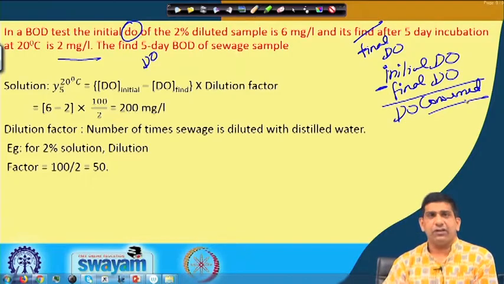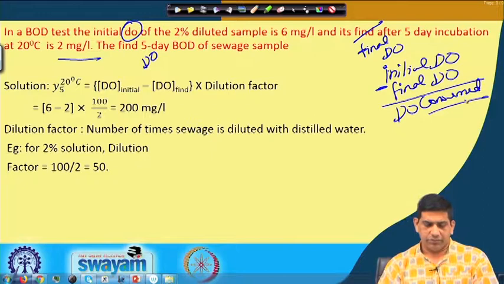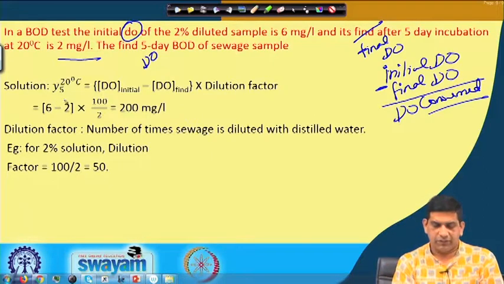So, based on the DO consumed, we calculate the BOD number. For the 5-day BOD, it is initial minus final times the dilution factor.